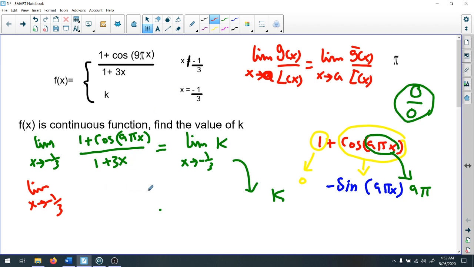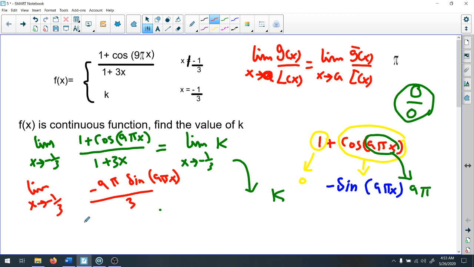The numerator after the derivative will be negative 9 pi times sine of 9 pi x, divided by the derivative of 1 which is 0, and the derivative of 3x which is 3.